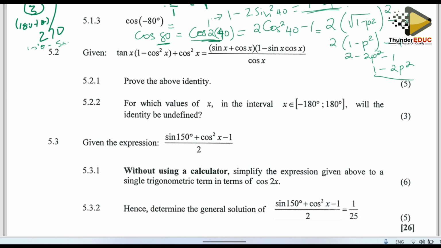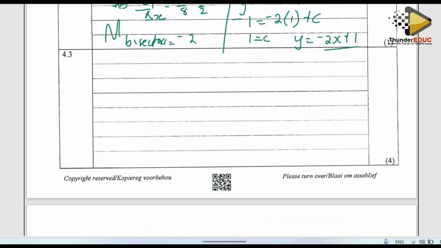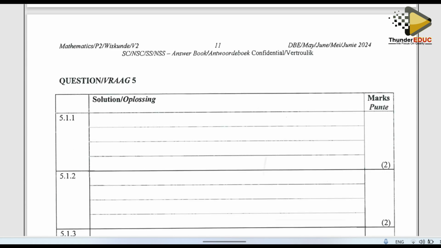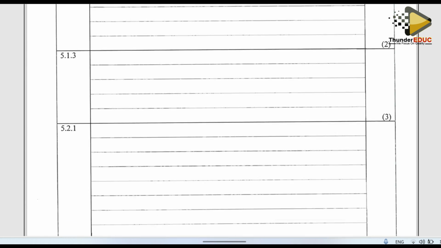With proving identities, it's advised that you start from the side that has quite a number of terms, but you can start from the left, from the right, or from both sides, whichever one would make life easy for you. So that is 5.2. I'm just going to write down that question.